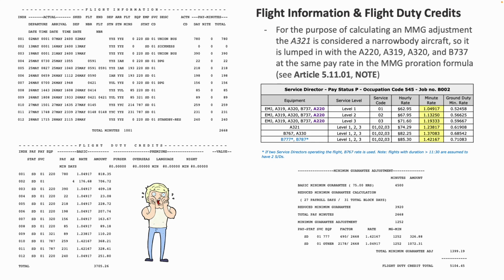We have established that the ratio is correct. So when we look at this first line within the adjustment, expressed in terms of a percentage, this would be 18.37%. So a little over 18% of our flying that we actually did in the month was on the 787 within this pay category.